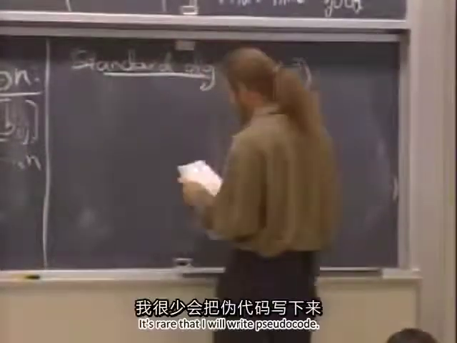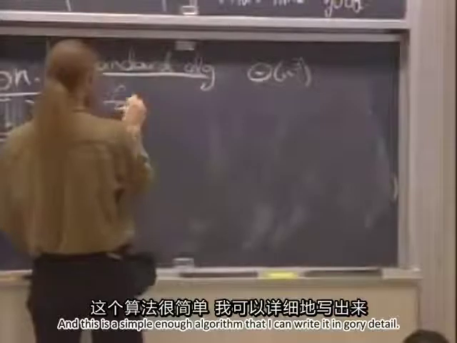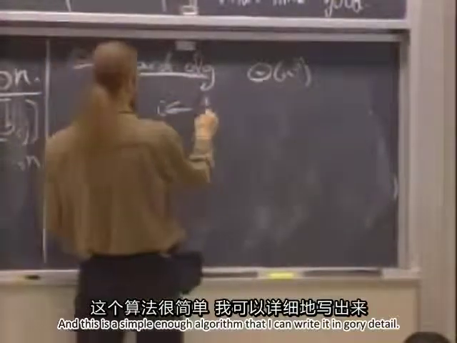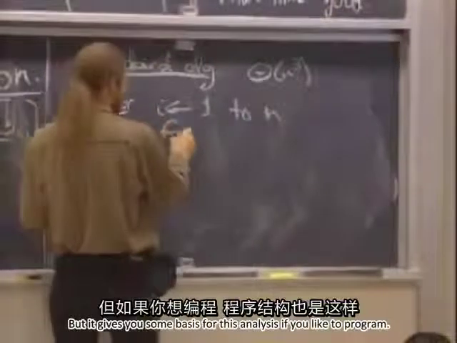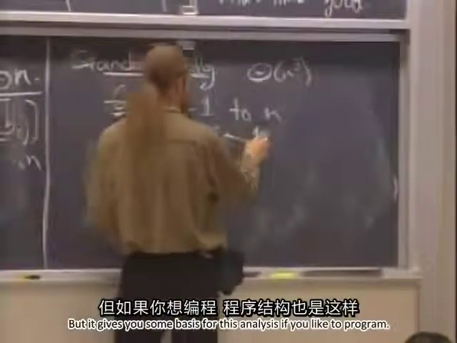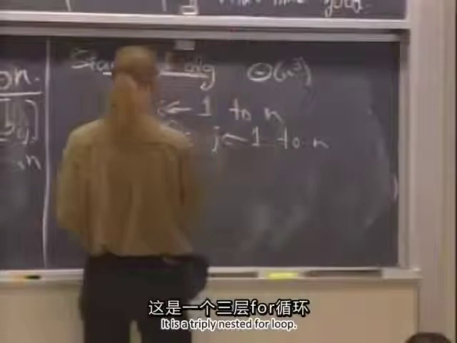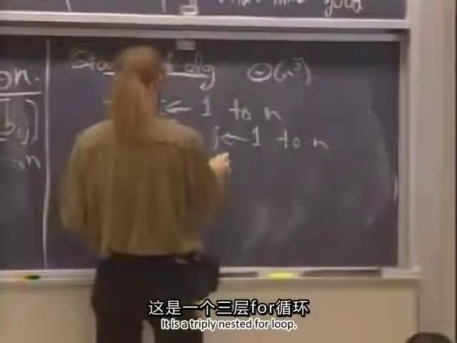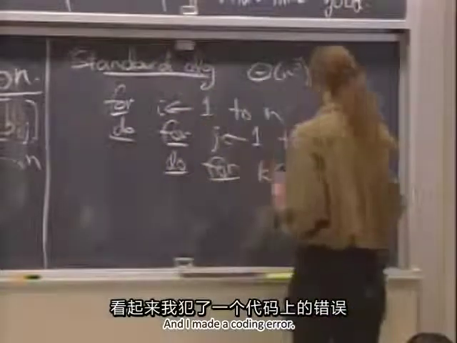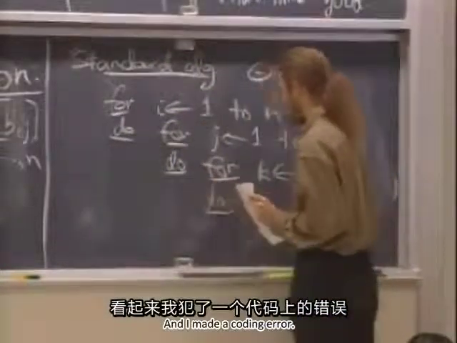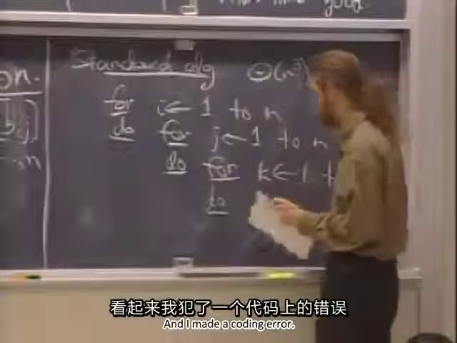Here's the pseudocode. It's rare that I'll write pseudocode, and this is a simple enough algorithm that I can write it in gory detail. But it gives you some basis for this analysis if you'd like to program. So it's a triply nested for loop. And I made a coding error.